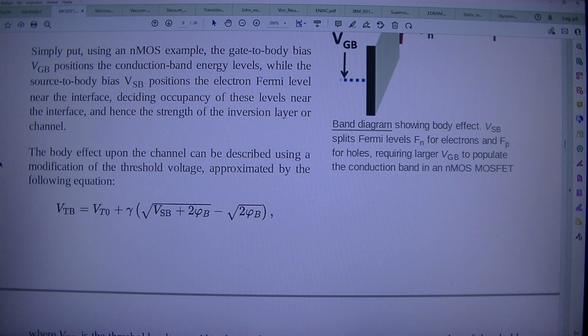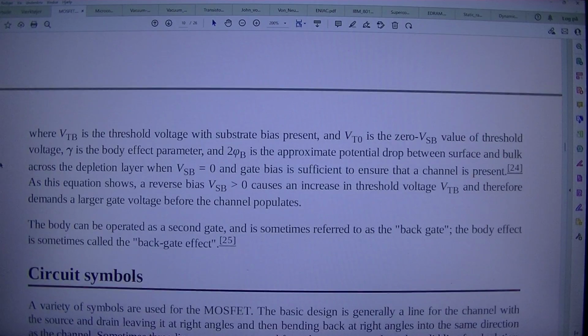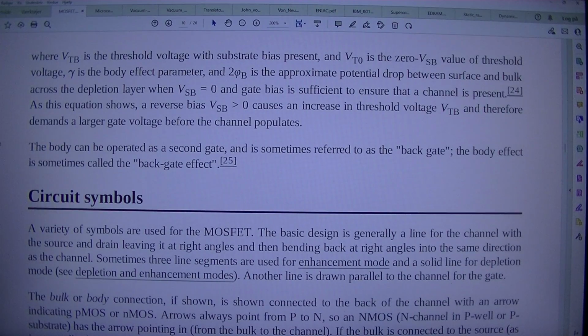The body effect upon the channel can be described using a modification of the threshold voltage, approximated by the following equation, where VTB is the threshold voltage with substrate bias present, and VT0 is the zero-VSB value of threshold voltage, γ is the body effect parameter, and 2φB is the approximate potential drop between surface and bulk across the depletion layer when VSB = 0 and gate bias is sufficient to ensure that a channel is present.